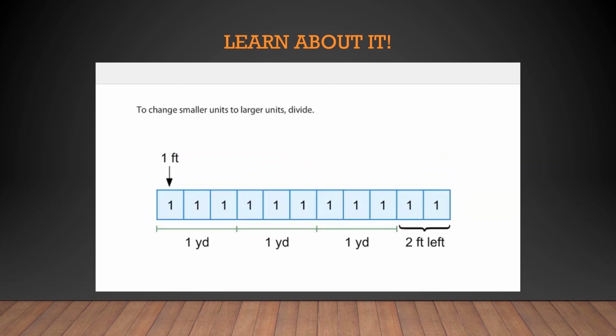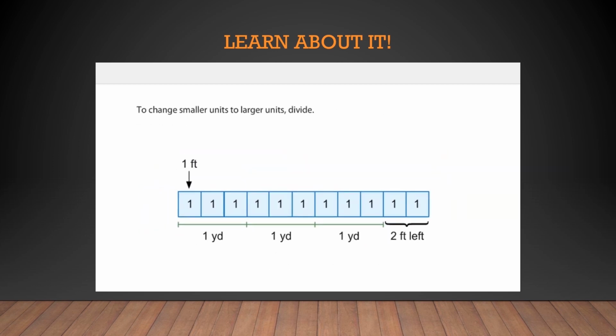To change smaller units to larger units, divide. To convert 11 feet to yards, think 3 feet equals 1 yard, and then determine 11 divided by 3. What is the quotient? 11 divided by 3 equals 3 with remainder 2.